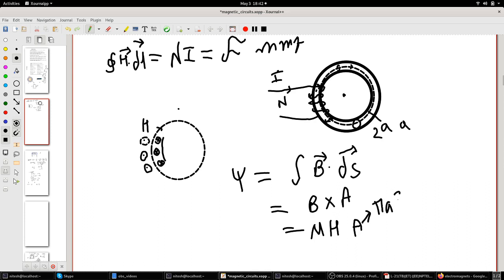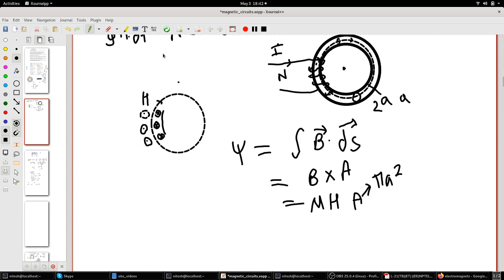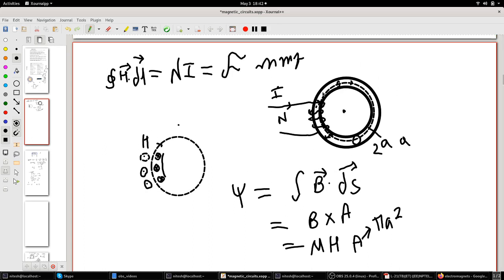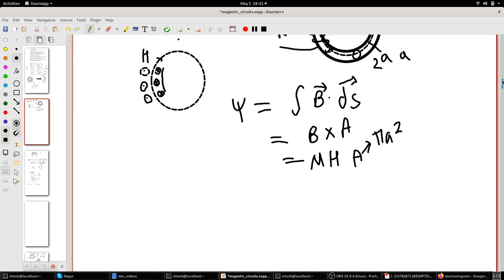Now I know that H dot dl here, H dot dl is the dl path here. In this case, if you look at this, the dl here is, yeah, so first let's go to this part.